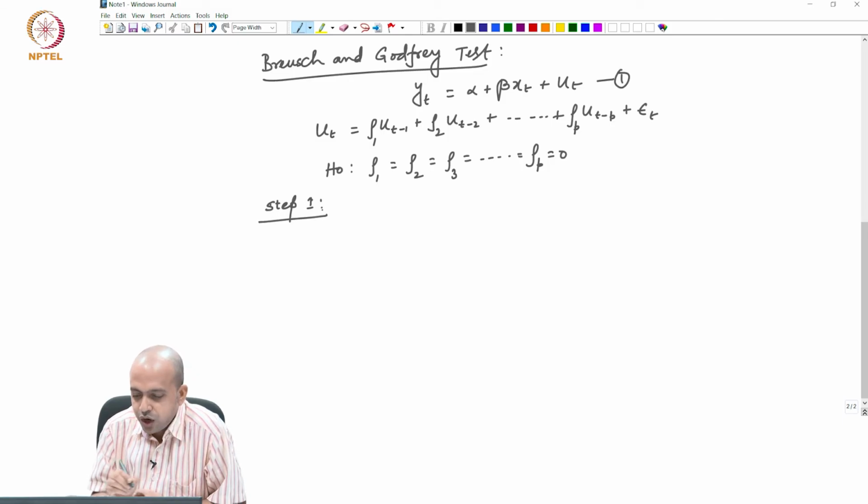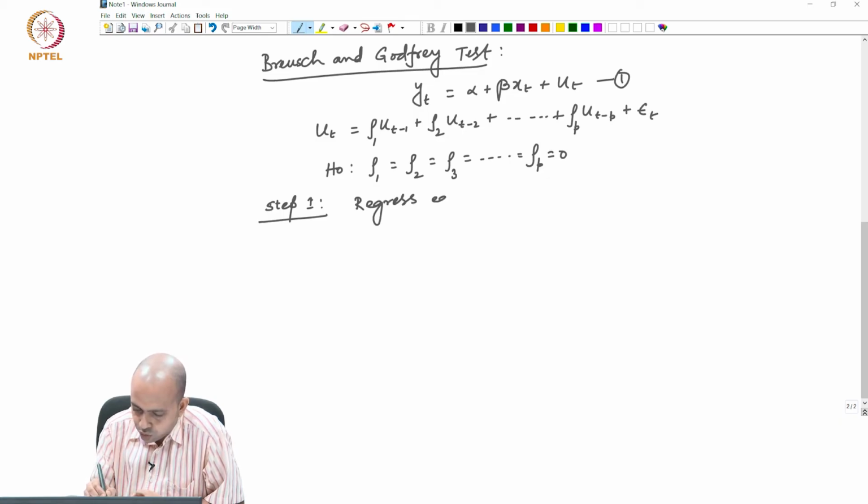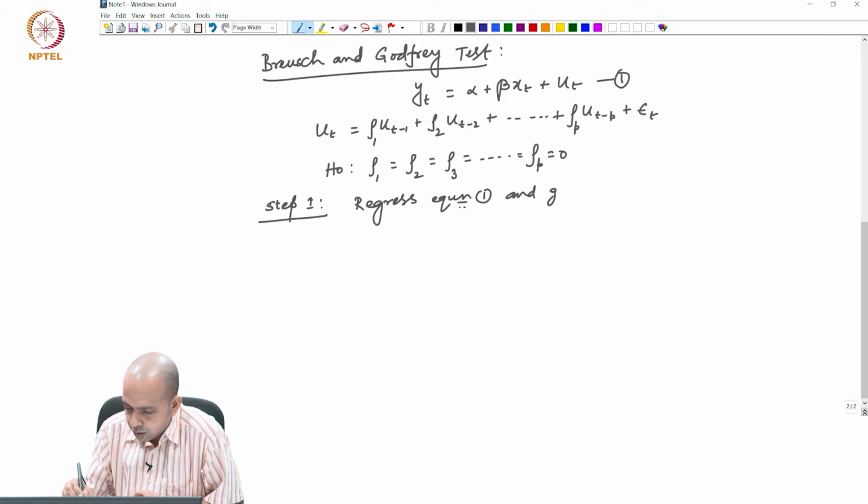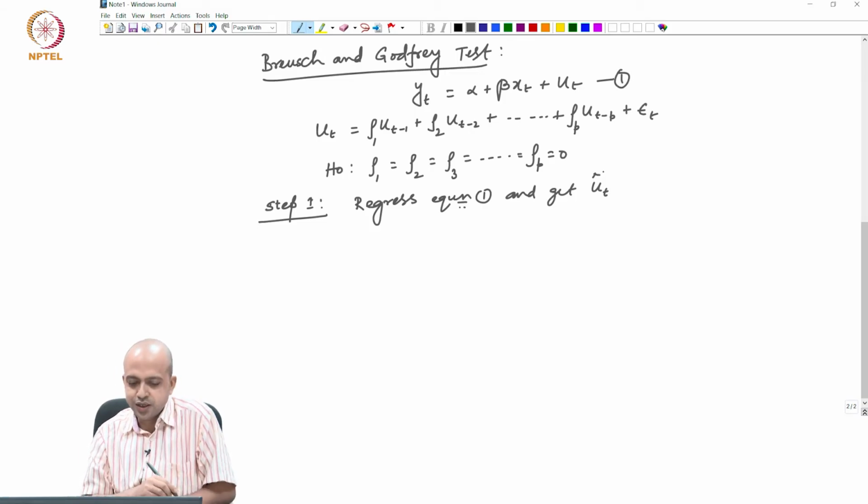In step 1, you just regress equation 1 and get ut hat. Okay, ut hat, that is step 1.